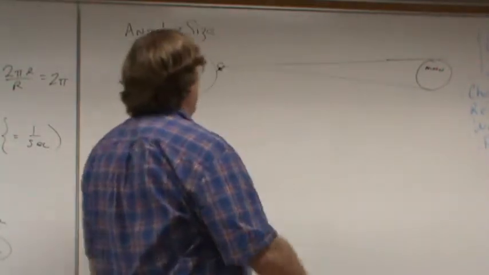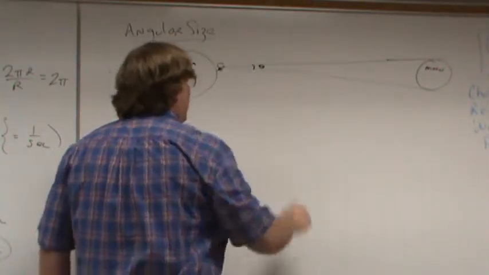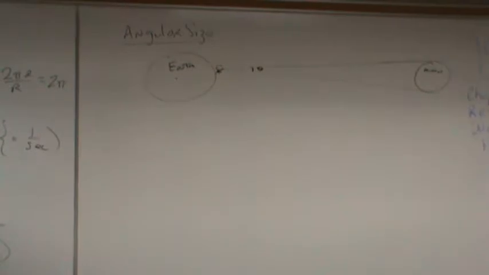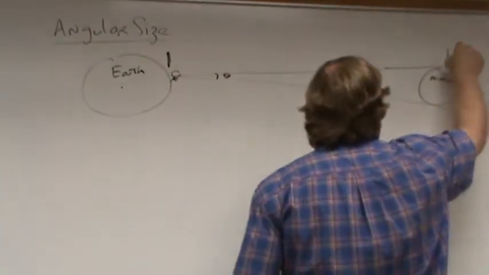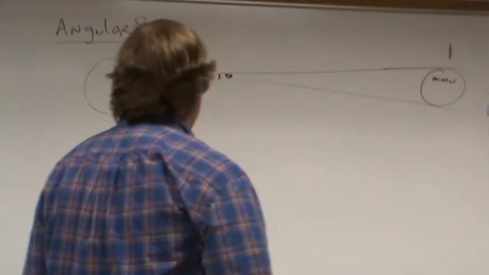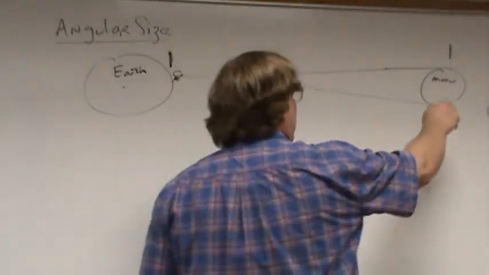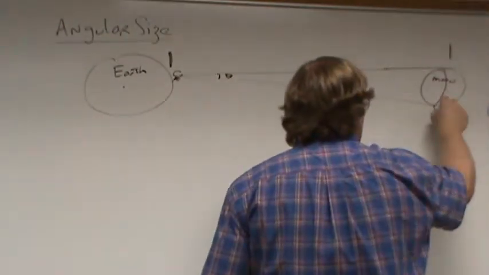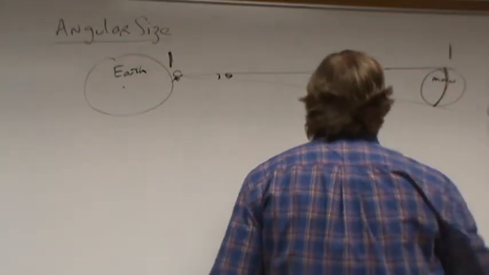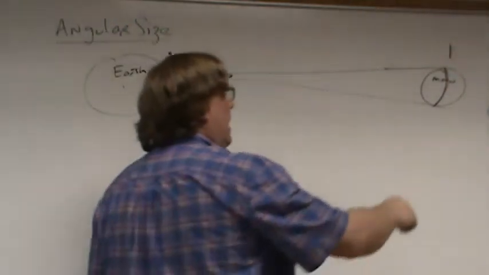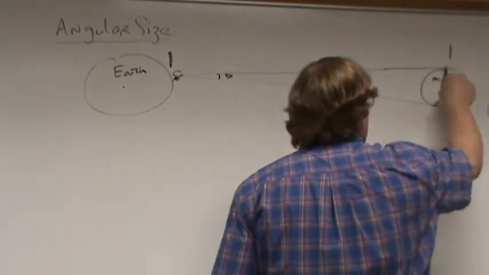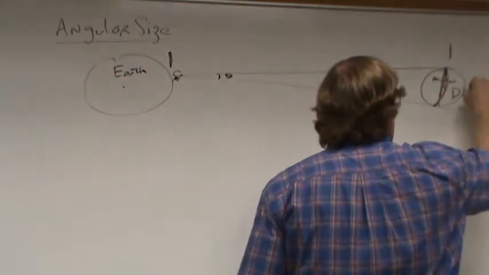Okay, so I want to know what this angle theta is. The way I get that theta is to say, I need to know the distance between the dude and the moon. I need to know this arc that's subtended by this angle, but we're going to say that this arc is approximately equal to the diameter of the moon.